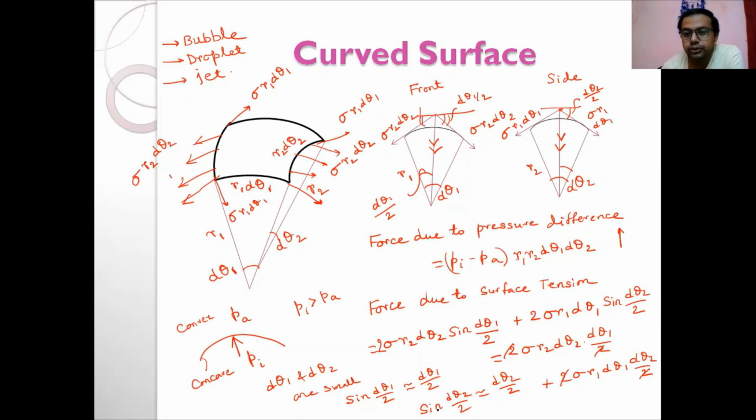Now if you balance these two forces, the force due to the pressure difference and the force due to the surface tension balance each other. That's why the surface exists. If there is an imbalance, the surface will not be stable. To get equilibrium, those two forces nullify each other.